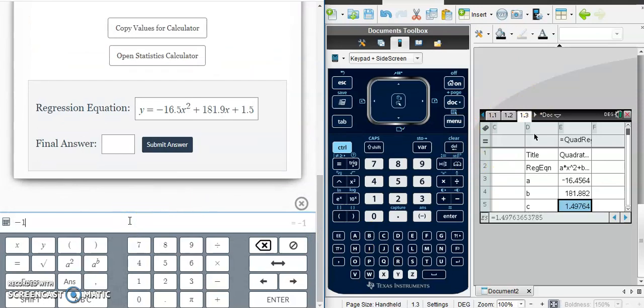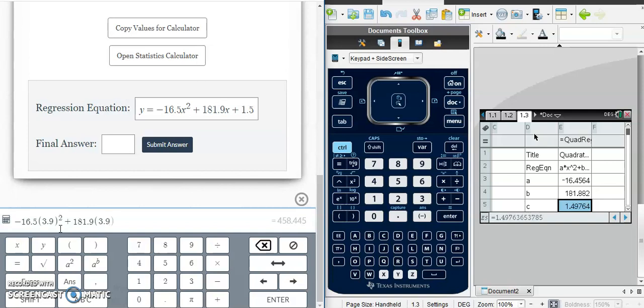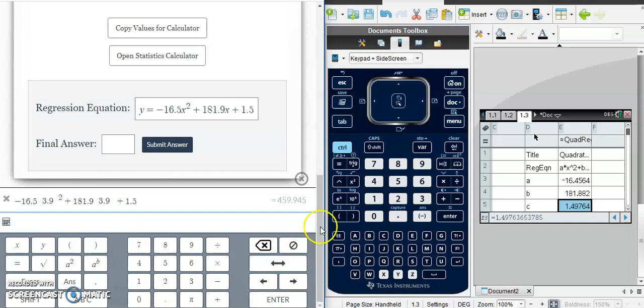You can just type in negative 16.5, and it was 3.9. Just want to make sure I've got that right. So 3.9, that's going to be squared, plus 181.9 times 3.9 plus 1.5, and I can hit enter.